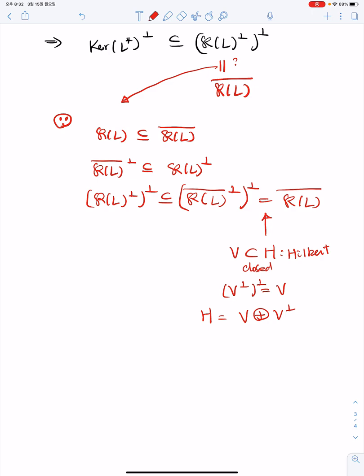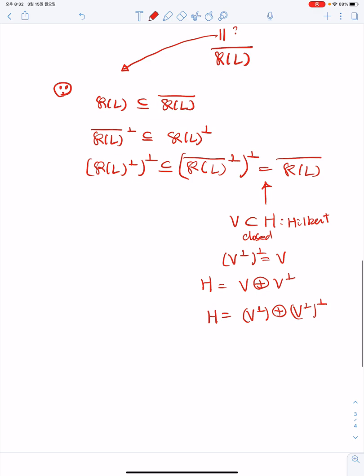And also you can have another expression, H equals V orthogonal inner direct sum V orthogonal orthogonal. So by uniqueness, V should be the same as this one, right? So you can actually prove this statement, it is not difficult to prove.